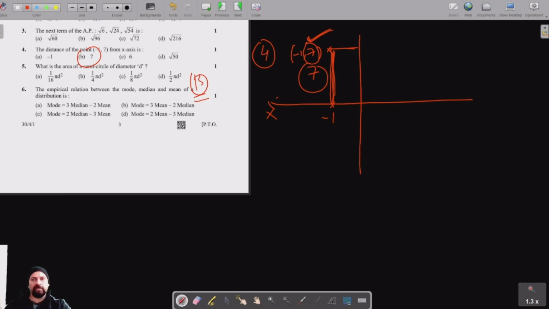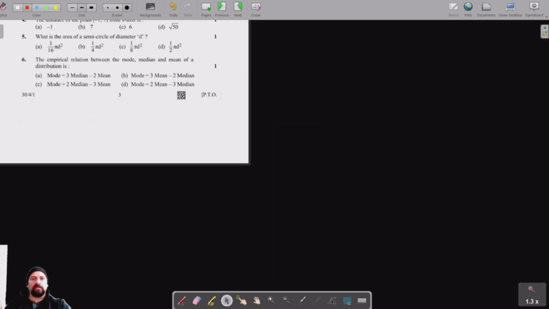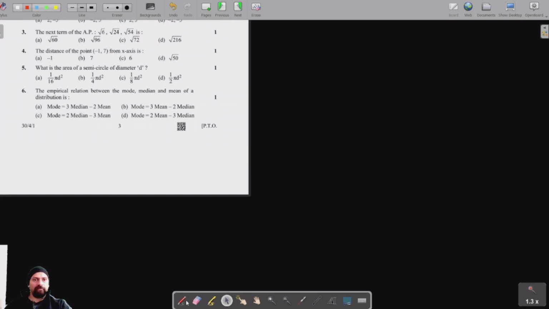And for question number 5, we have to find the area of a semicircle of diameter d. If the diameter is d, then the radius is half of the diameter. Now the area of a semicircle is half of the area of the circle.